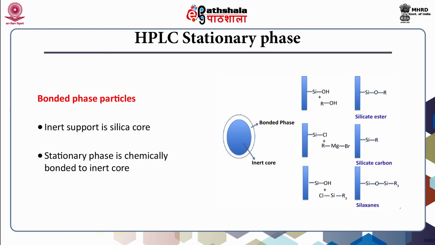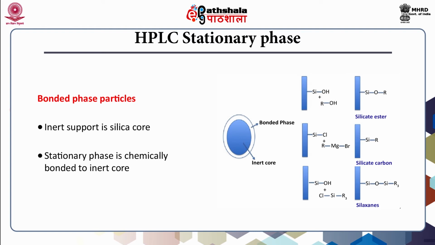And what is the example for these bonded phase particles? One of the best examples, which is commonly used in reverse phase chromatography, is the C18 column. So, the silica C18 column is commonly used in reverse phase chromatography for the separation of peptides or proteins.